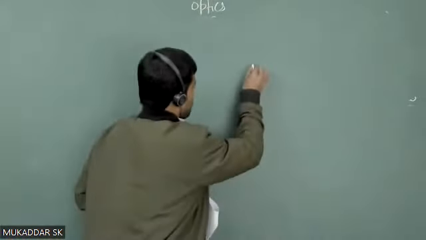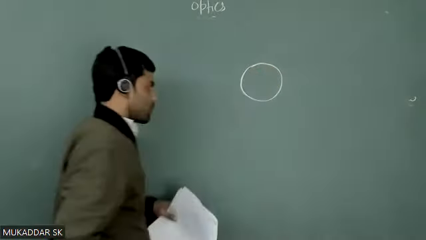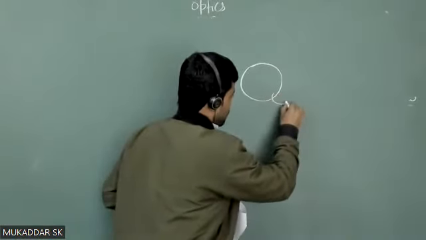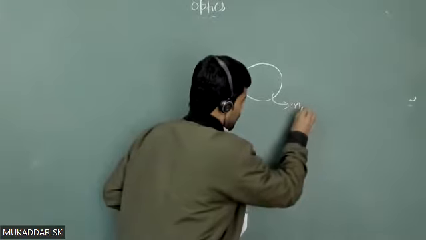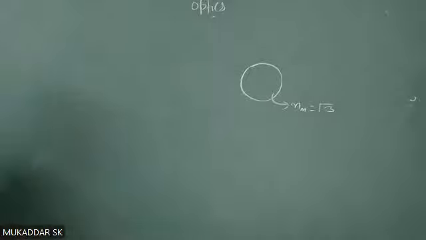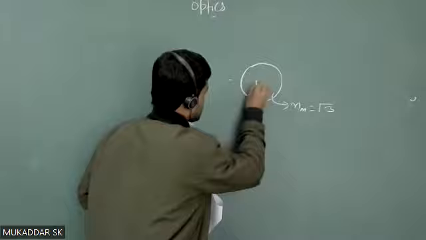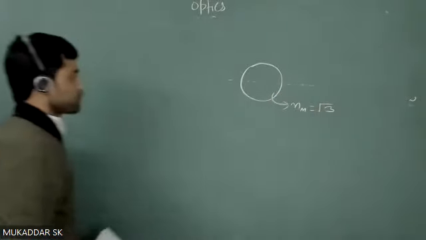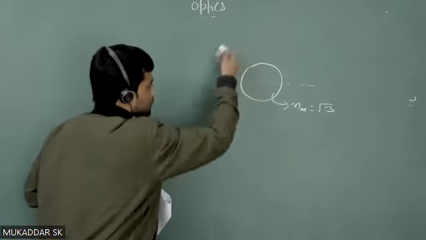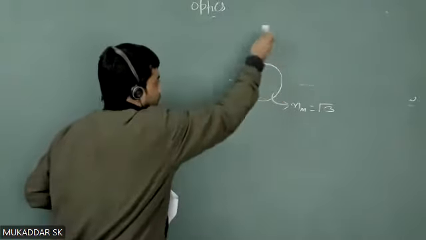Suppose you have a spherical medium, and this medium has refractive index √3. Let us draw the horizontal line. Suppose this is your horizontal line. A ray is incident, and this spherical medium is surrounded by air.